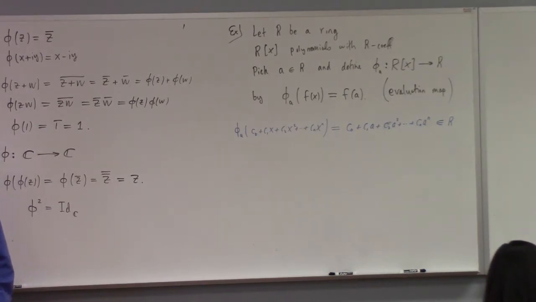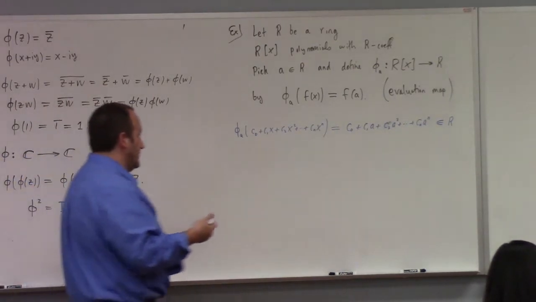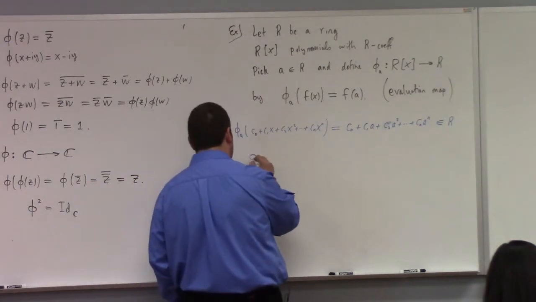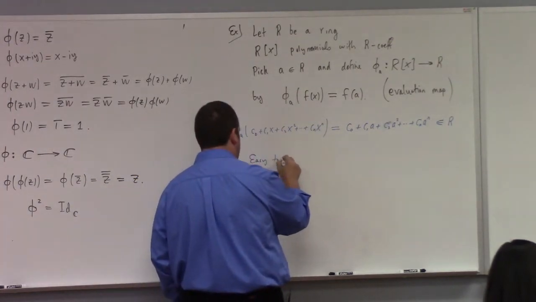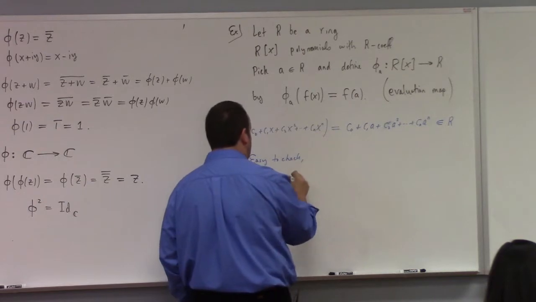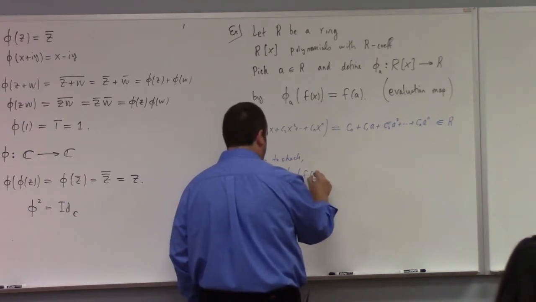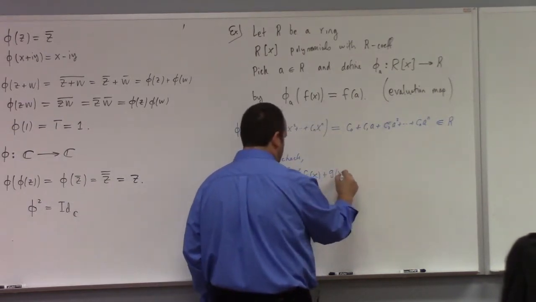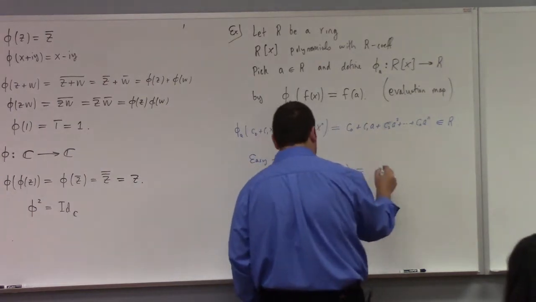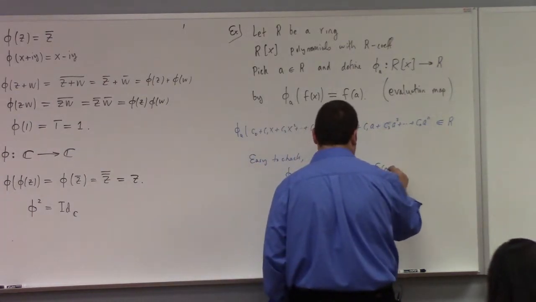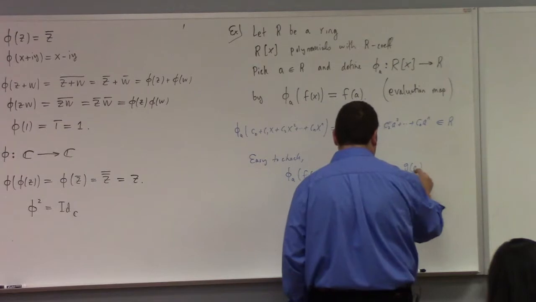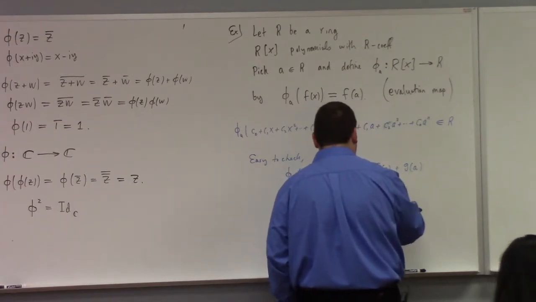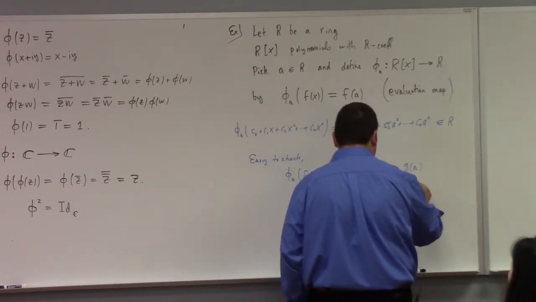Is it a homomorphism? Well, you can check. Easy to check that phi_A of f(x) + g(x) would be what? That'd be f(A) + g(A), right? Which is phi_A of f(x) plus phi_A of g(x).